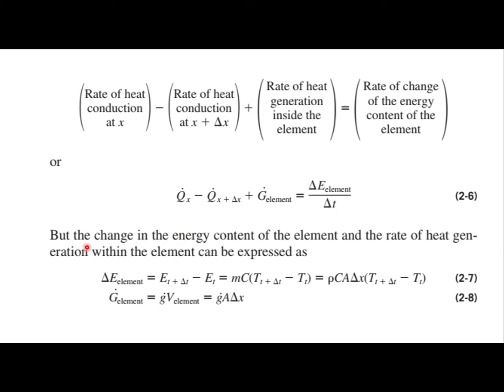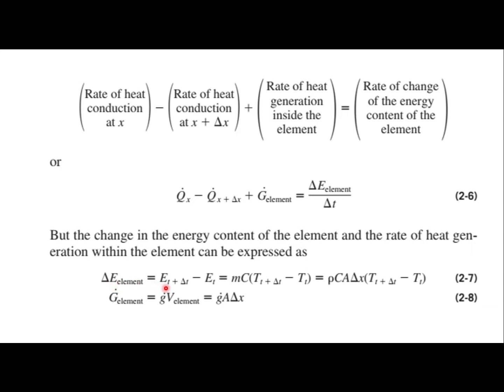The change in energy content of the element and the rate of heat generation within the element can be expressed like this. These two terms can be explained here. Delta E is the net rate of change of energy within the element.